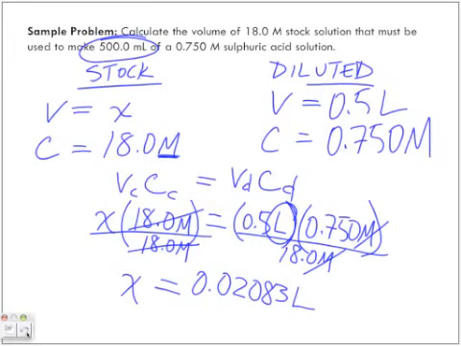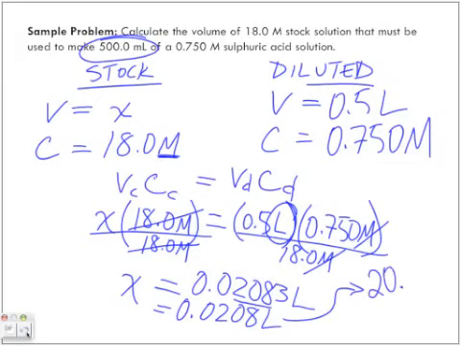So I want the 208. So it becomes 0.0208 liters. But if you were in the lab, you'd want to convert it to milliliters. How many milliliters is that? 20.8 milliliters.